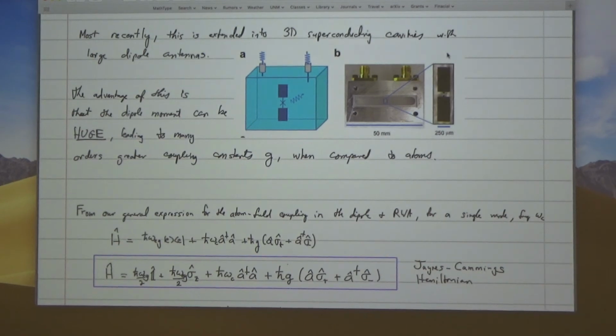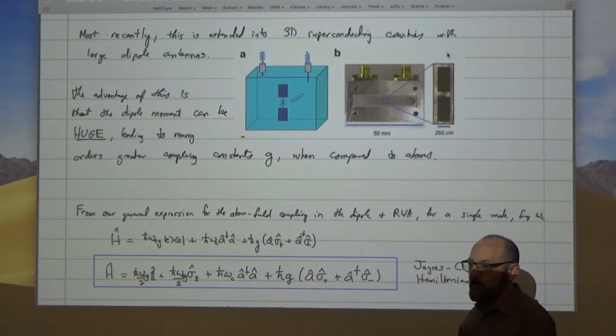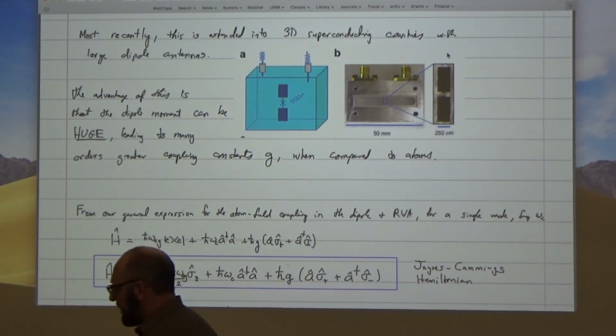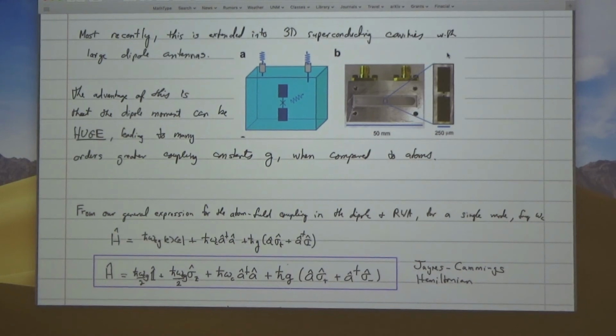The question is, what is the size of the electric dipole? Because g, the coupling constant, depends on the dipole moment times the field strength. Well, in an atom near the first excited state, the dipole is one atomic unit. It's a Bohr radius away from the nucleus.